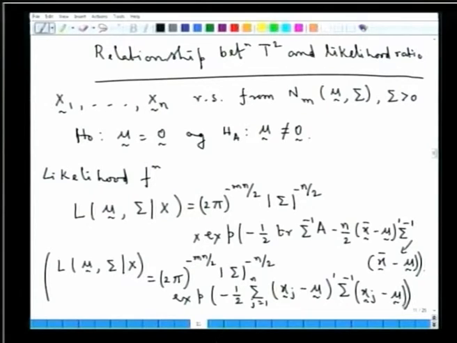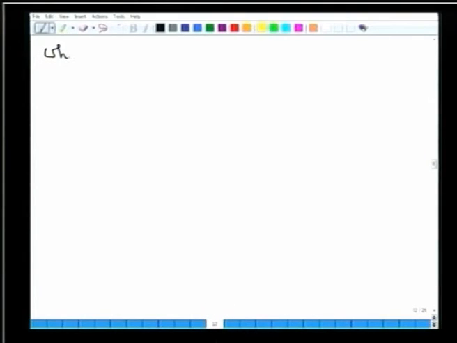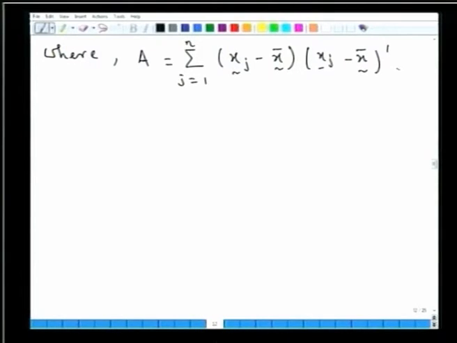And as we had seen when we were talking about the sufficiency concept and the related maximum likelihood estimation, this likelihood function can be conveniently written in the earlier form, where A is the sum of squares and cross product matrix, that is, A is summation j equal to 1 up to n (xj minus x bar)(xj minus x bar) transpose, this matrix.